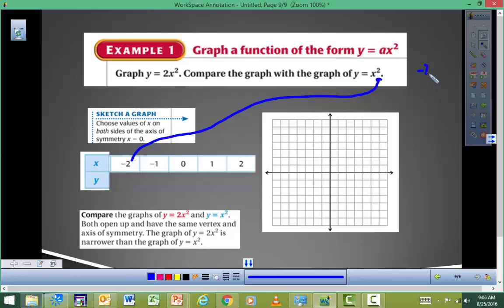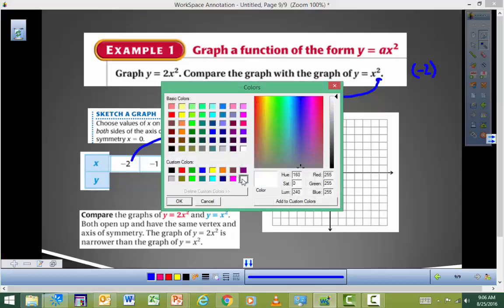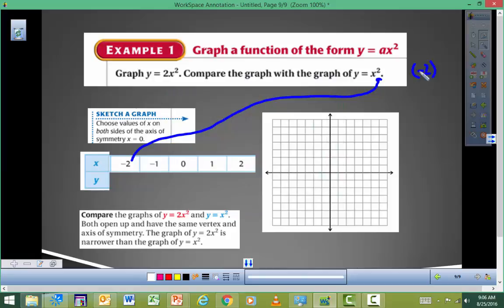If you put -2 in here and you square that, what happens? You get +4, right? Because -2 times -2 is equal to +4.